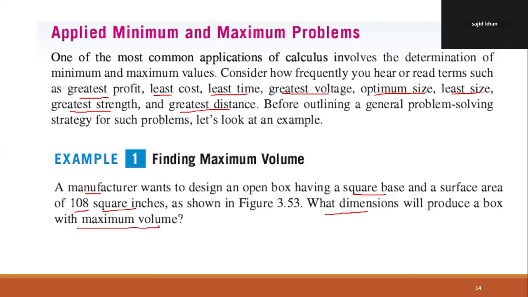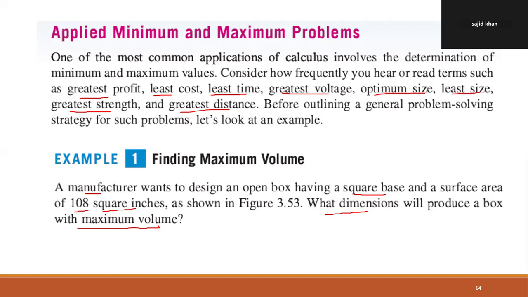So in simple way, what is our objective? The objective is to make or design an open box from a sheet whose surface area is 108 square inches. Understand? And the second constraint is what? We have a square base only.